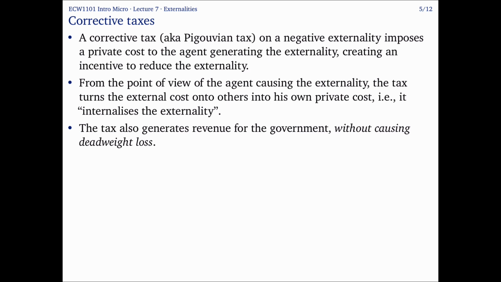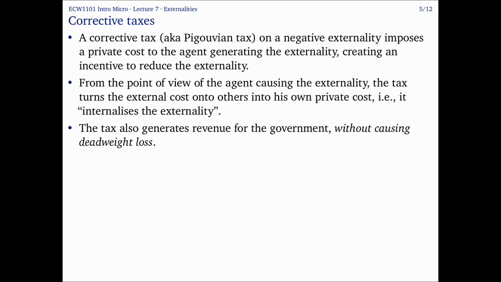Now, as you saw before, generally, taxes generate deadweight loss. When the government tries to get revenue from agents in a market through taxation, it generates a deadweight loss because the quantity of the thing that is being taxed generally falls. So that's bad because there are missed gains from trade.